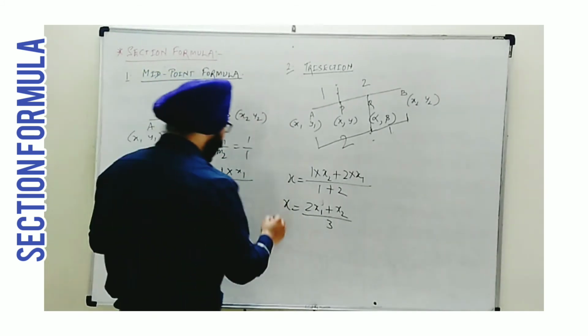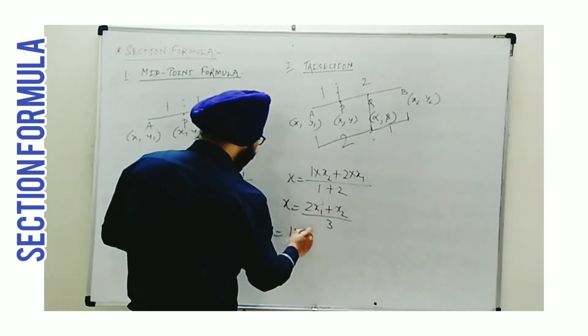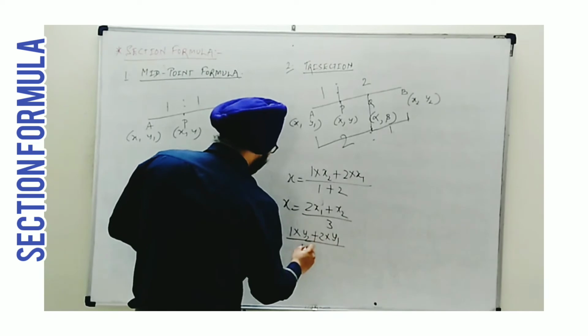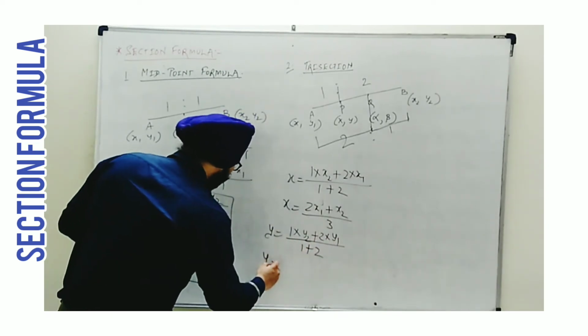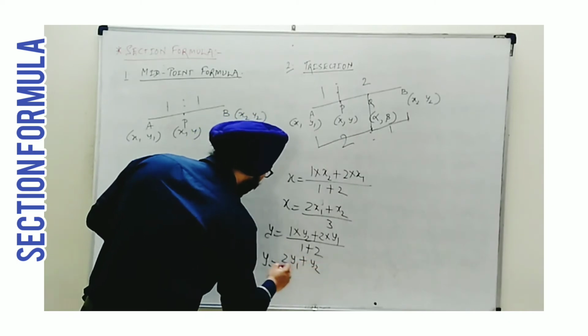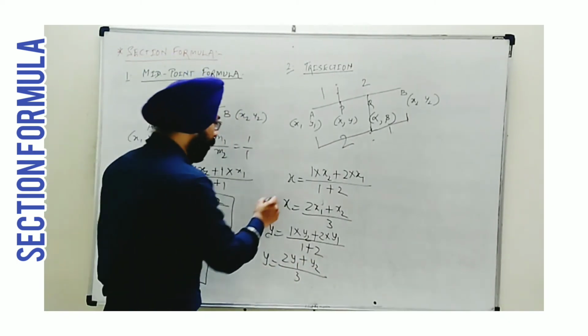Similarly, if I think for y, so y is equal to 1 into y2 plus 2 into y1 upon 1 plus 2, and finally we get y is equal to (2y1 plus y2) upon 3.